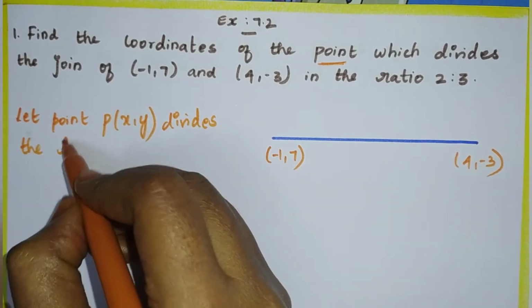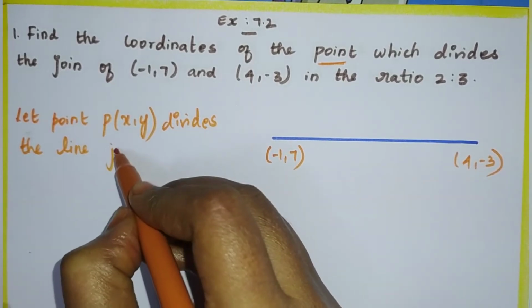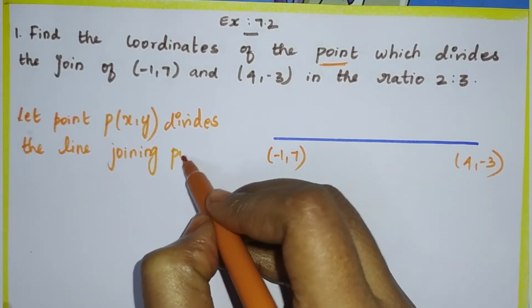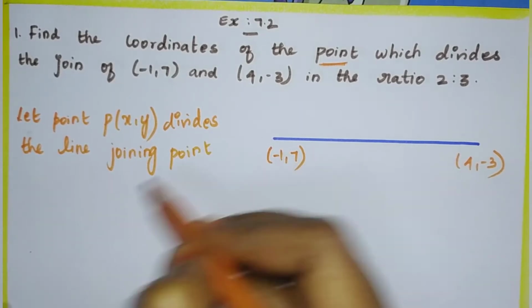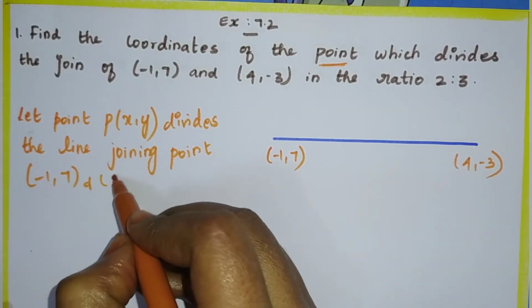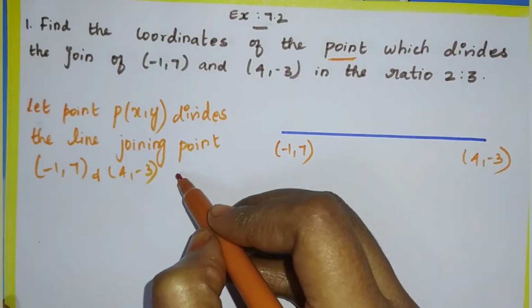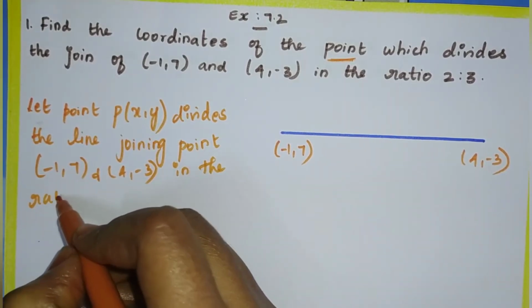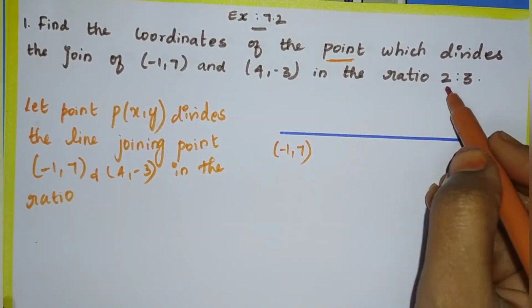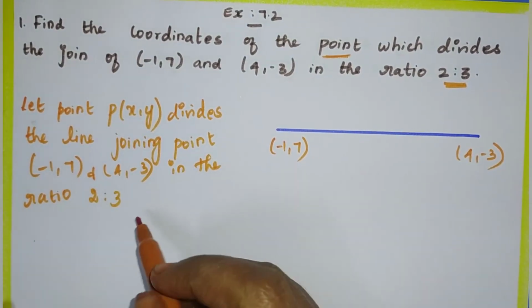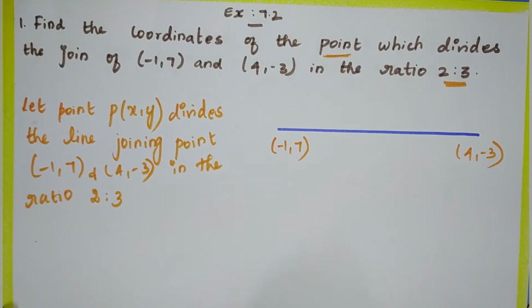the line joining points -1, 7 and 4, -3 in the ratio 2:3, that is m1:m2.